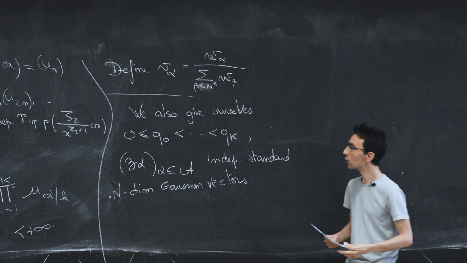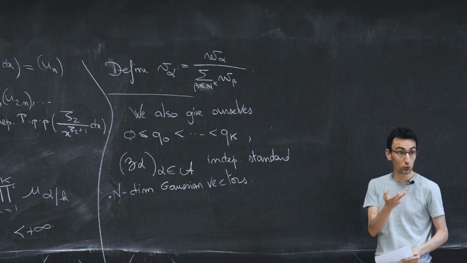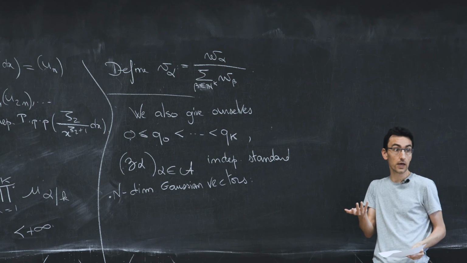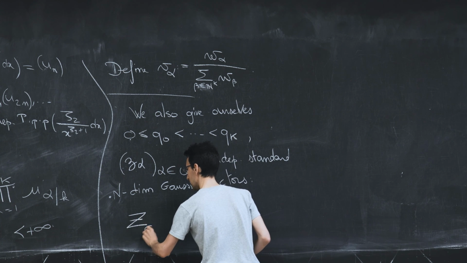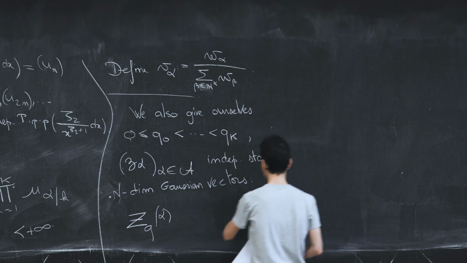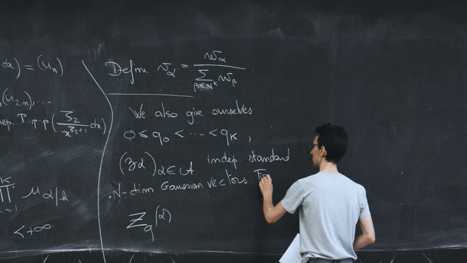Okay, and now once I have all this, I can define my new, more sophisticated external field, which is going to be this one. Z_q of alpha, for alpha a leaf.